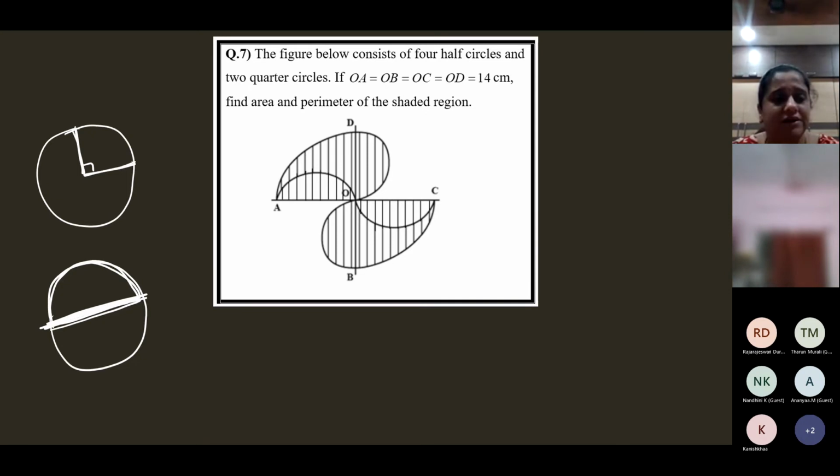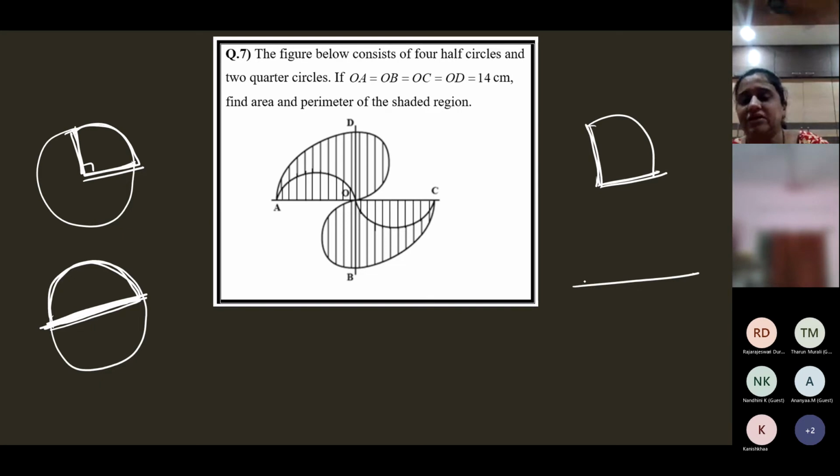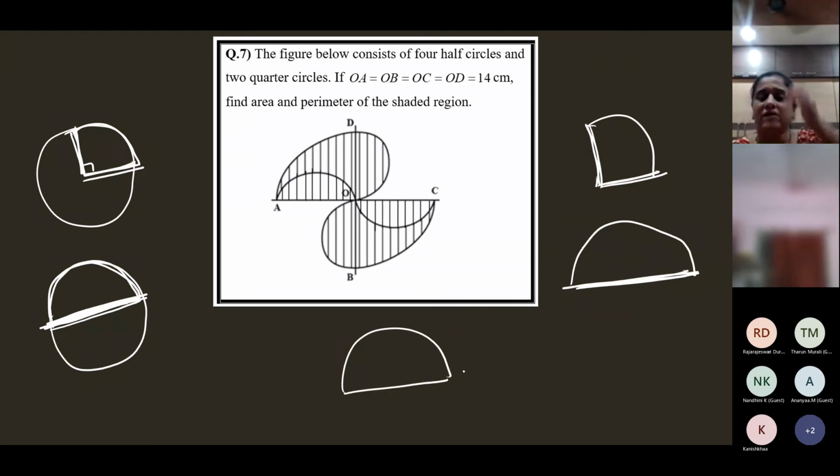But for the quadrant, this is the radius, this is the radius. What is attached to the quadrant is the radius. The line segments attached to the quadrant are the radius. But the line segment attached to the semicircle is the diameter. The semicircle sits on the diameter. So radius will be half of that. Quadrant has one radius here and one radius here.